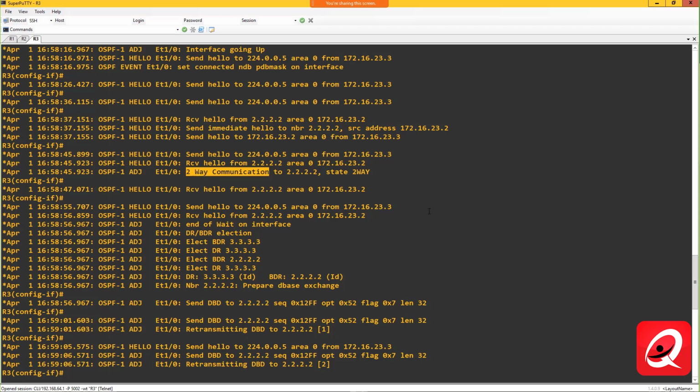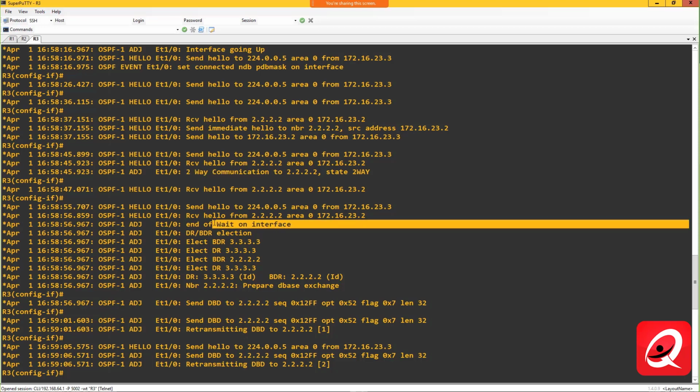All right? So you'll notice here this line right here, and this is what I wanted to show you. I'll show you again after this, but there is a predetermined wait time in OSPF before we decide what role we're going to play in that topology. All right? I'm going to talk about that again in a minute here.